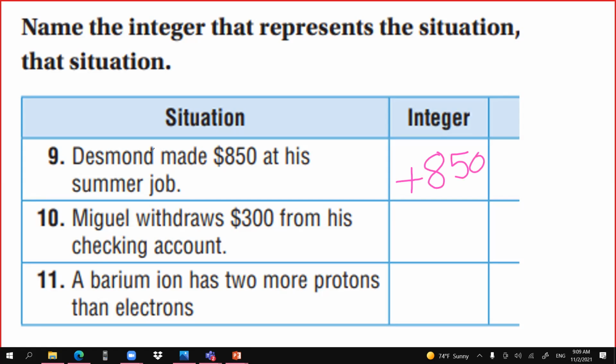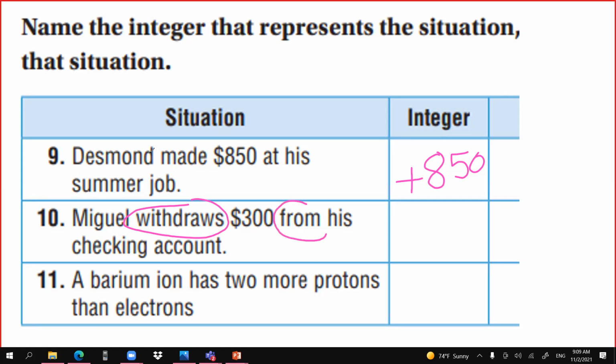Now, Jana Muhammad. Yes, teacher. Miguel withdraws $300 from his checking account. I think positive. No, withdraws, he took money.